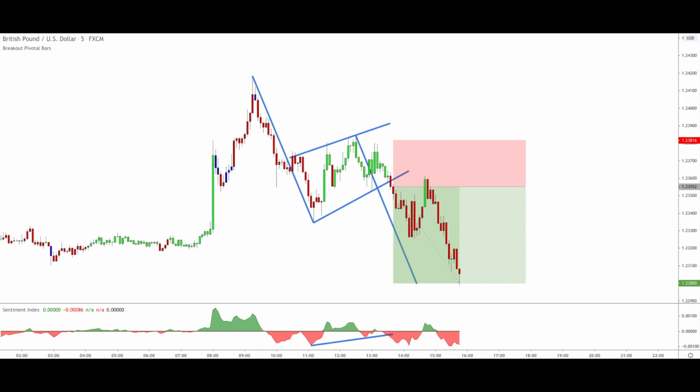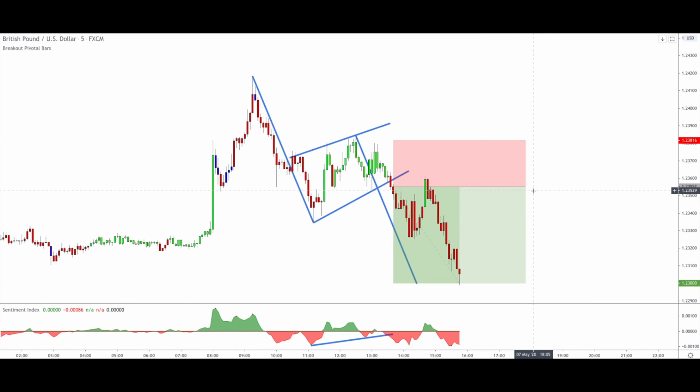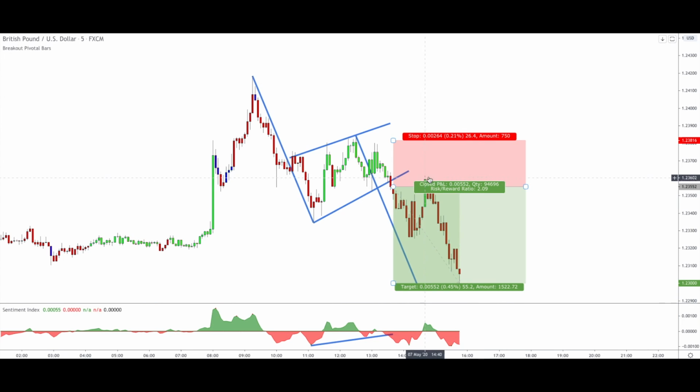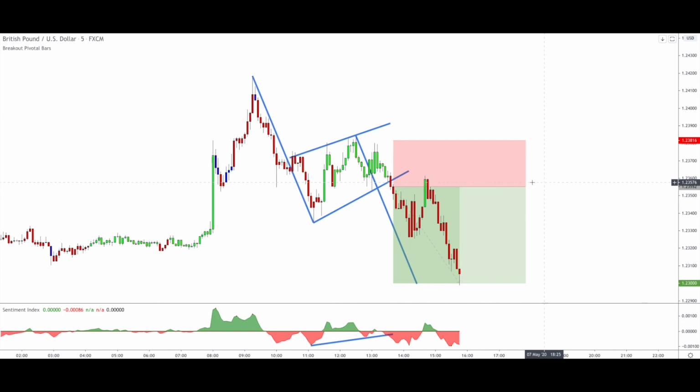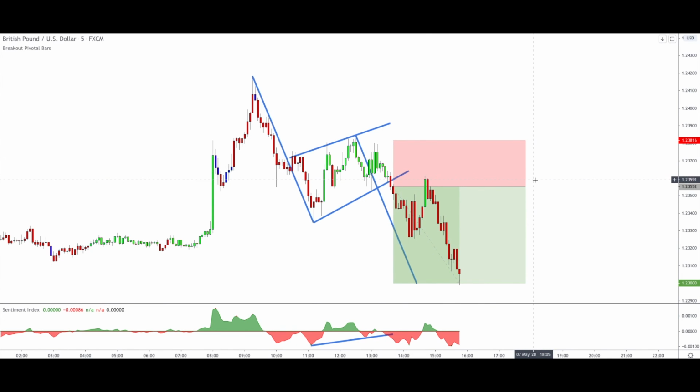Okay, I'm laughing. I'm seriously laughing. Not because I'm happy that we have reached the target with a 2x return, but because I'm thinking of all the traders that got out here. I mean, how many traders got scared at this level into their stop loss level, and preferred to take a loss instead of systematically managing their trade.